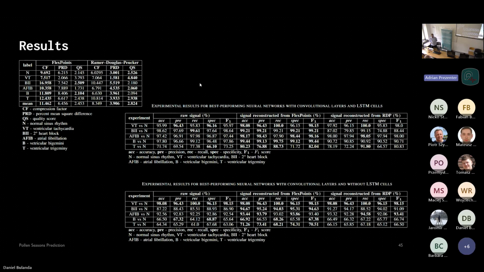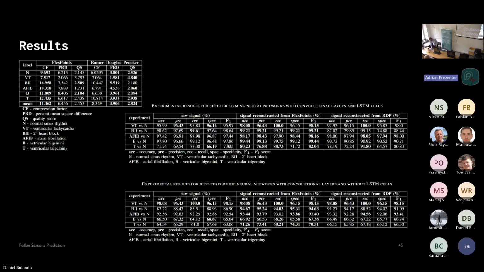So we expect the error to be higher because we know that there is some noise which needs to be rejected somehow. Yeah, that's how it works. So we are totally fine with higher PRD scores, and the overall quality score is very similar. And the final results here are as follows.